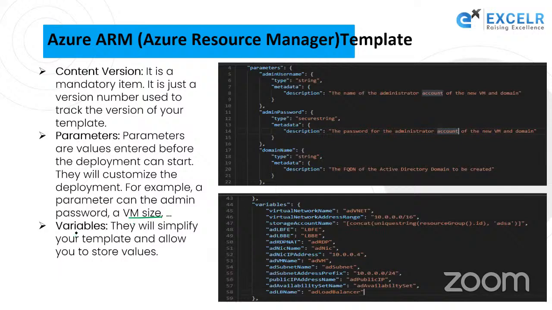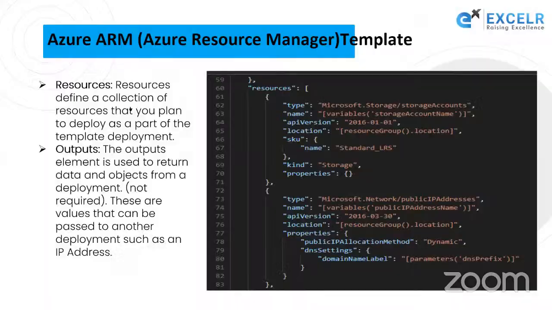And then the variable, what is the variable? They will simply help you have a dynamic way of defining values. And then the resources. This is the most important part, wherein you have to define the resources which you are going to create. For example, you can see here it is trying to create a resource type as a storage account.